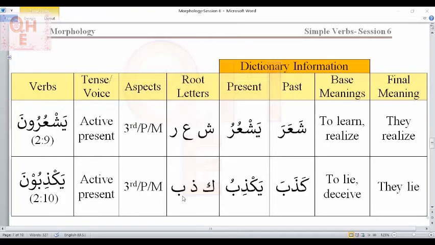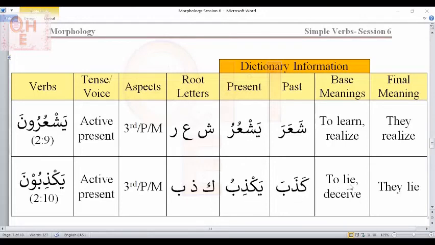When you enter them, the dictionary gives you the transliteration for the third person singular male active past tense, kadhaba. Okay, and next to the transliteration, you'll see letter I that tells you letter dal, the second root letter, should have kasra. So that's how you get the third person singular male active present tense pattern, yakdhibu. So kaf, dal, ba, these root letters give this pattern, kadhaba, yakdhibu.